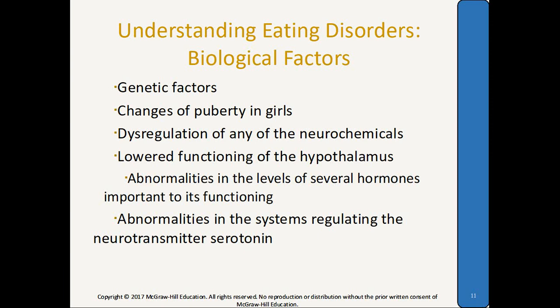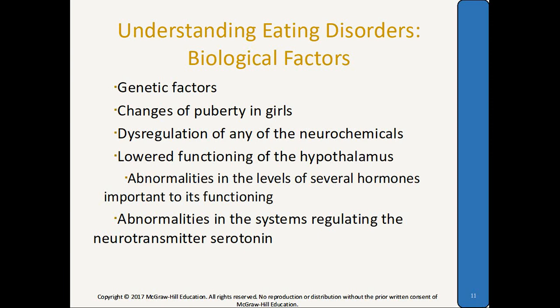So, for instance, changes in puberty for girls can be a significant risk factor in the development of eating disorders. When one has a dysregulation of any of the neurochemicals, that can be a significant risk factor for the development of these disorders. Lowered functioning of the hypothalamus. That would make sense because the hypothalamus, we know, is involved in the regulation of appetite and hunger.